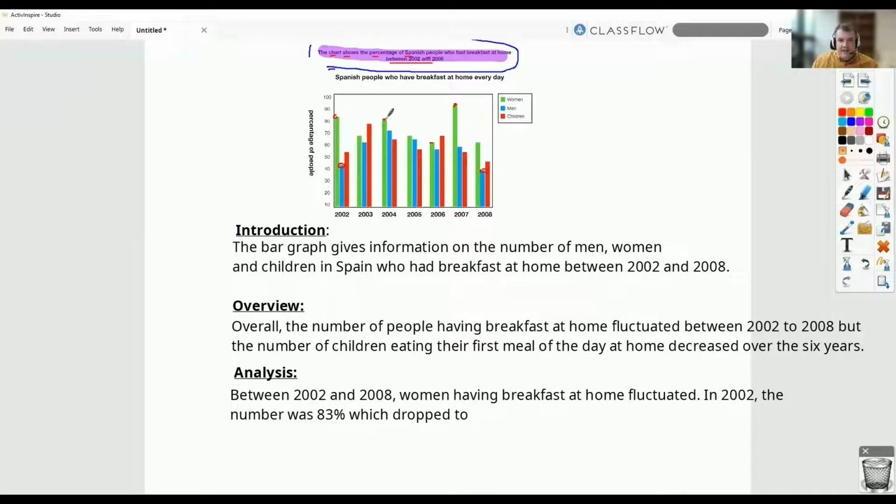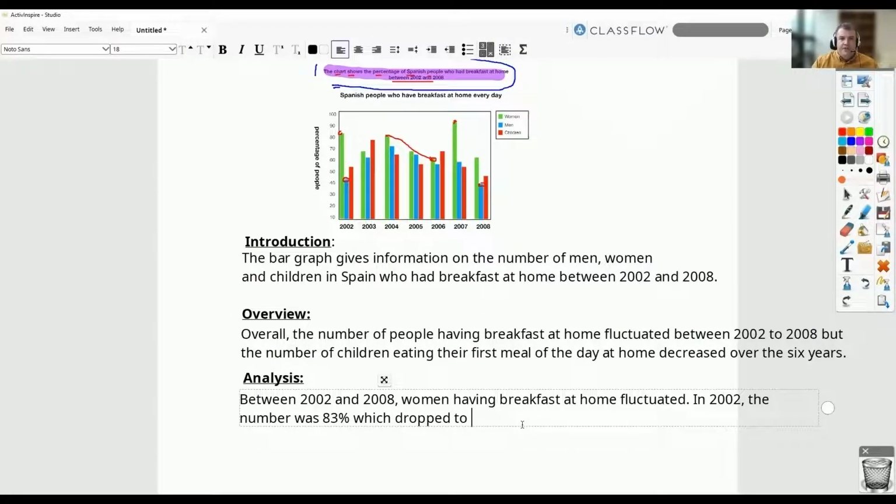It's still pretty high here, but it does drop significantly. So that's the thing to mention, which dropped to 65, something like that, in 2006, but then peaked at, I reckon, 93%, in 2007.